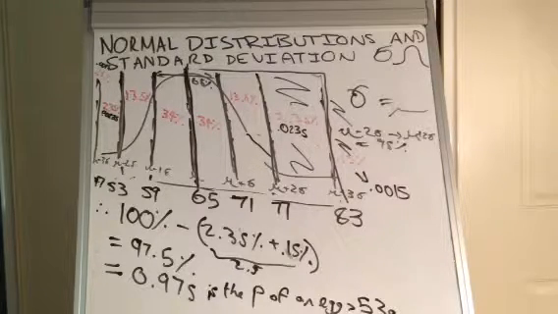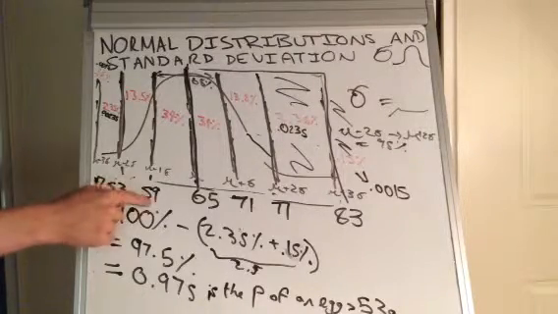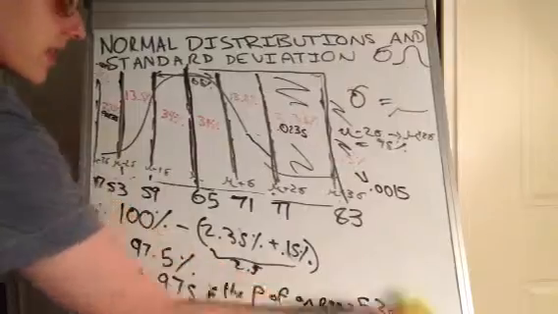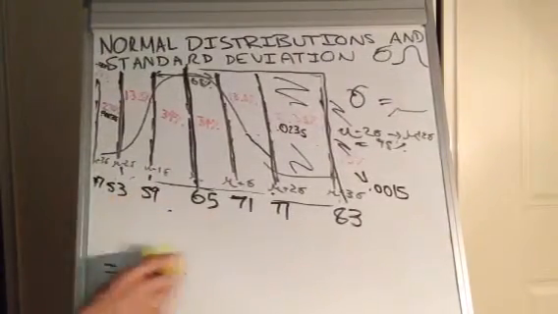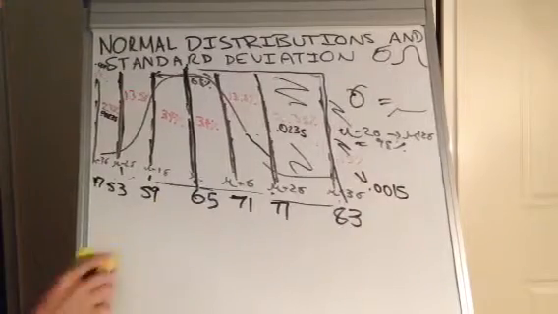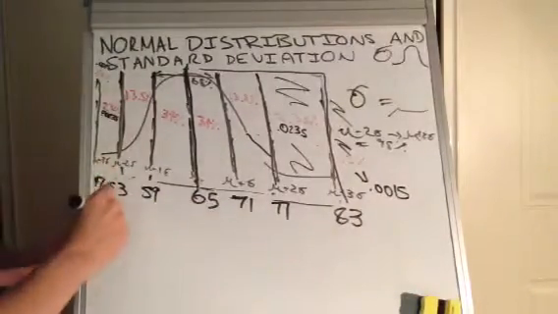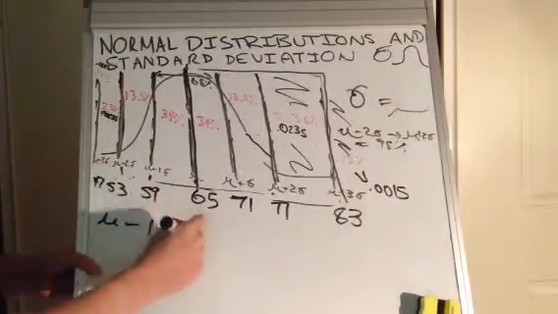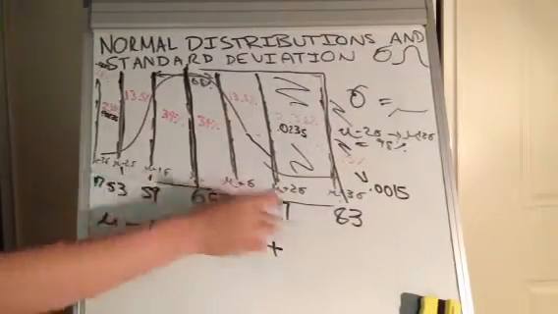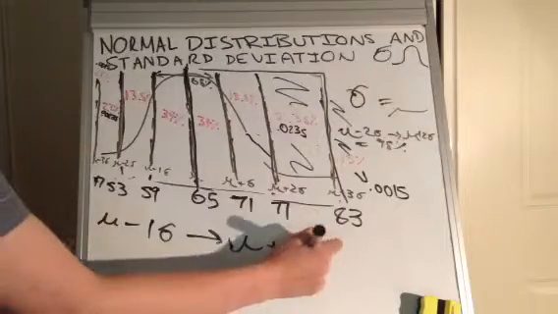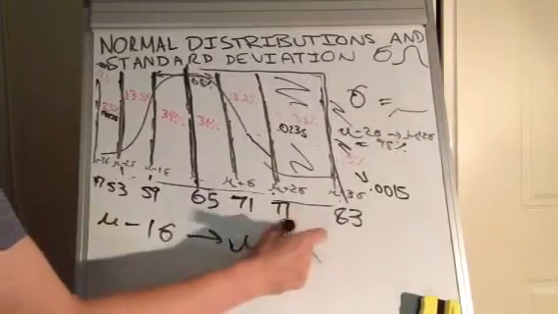Okay, so now the next question asks us, what is the chance between 59 grams, which is here, and 77 grams? So again, we can do the same thing. 59 grams is going to be the mean take one standard deviation, and I said 59 to 77, so it's going to be to the mean plus 2 standard deviations.